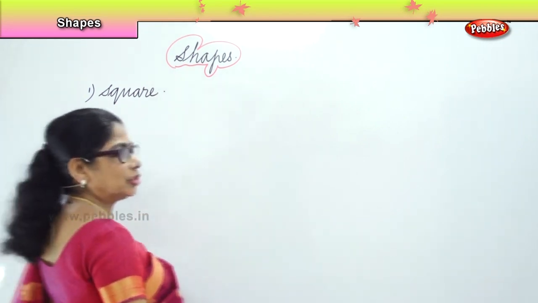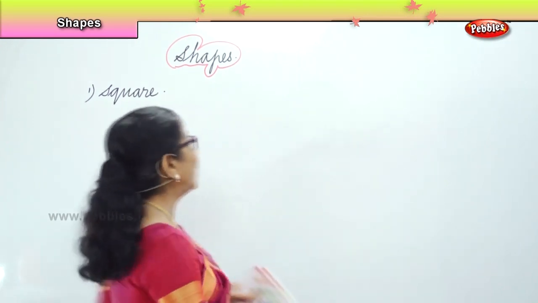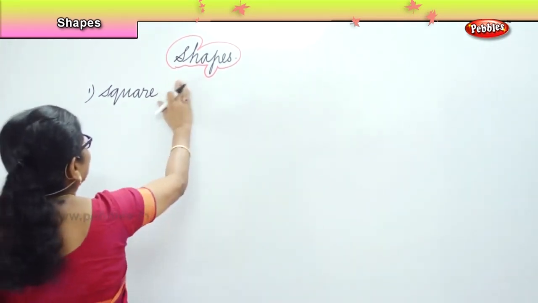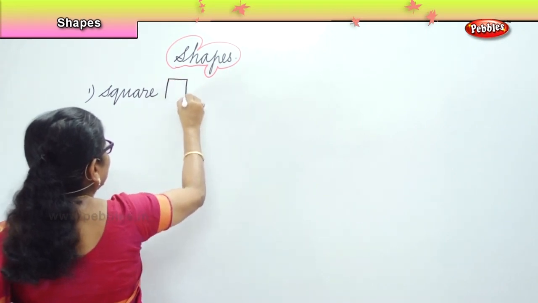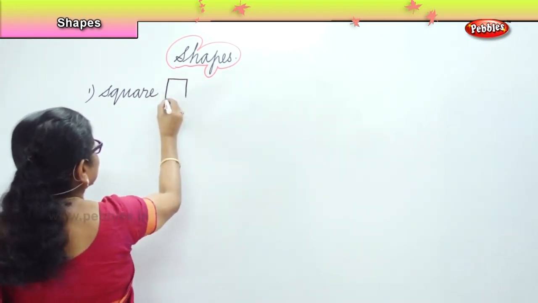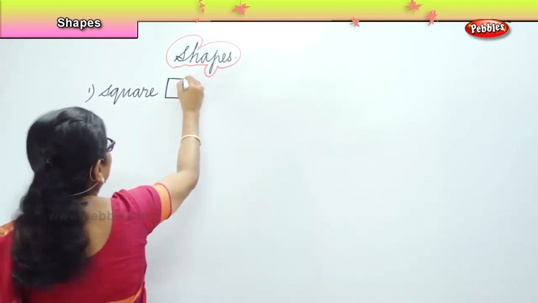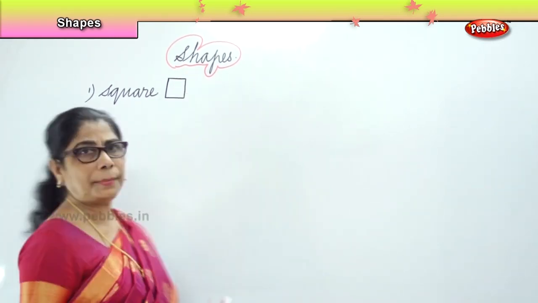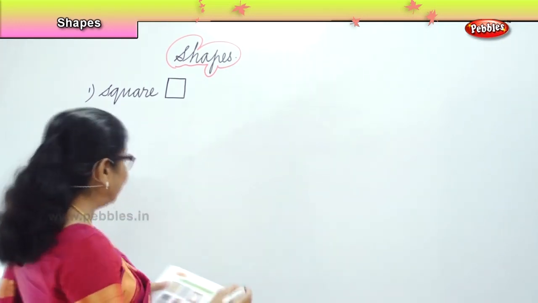When you say square shape, look around and tell me what are the things that you play with. So let's call out, name the squares that we identify in our class or elsewhere. Things that are square in shape or that you use for play.